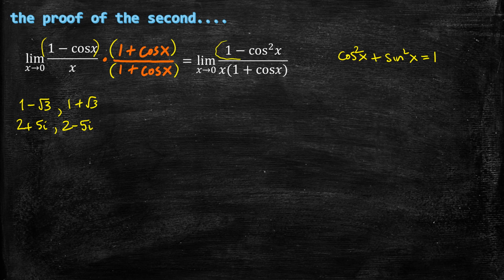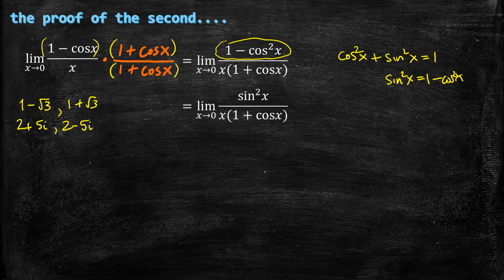If we look at the numerator here, we can rearrange this by subtracting cosine squared x from both sides to get this. And so we can replace the numerator with sine squared x. The next clever algebraic manipulation is to write sine squared x as sine x times sine x, and also to separate the factors in the denominator to conveniently get this.